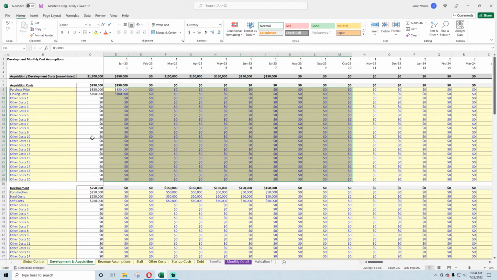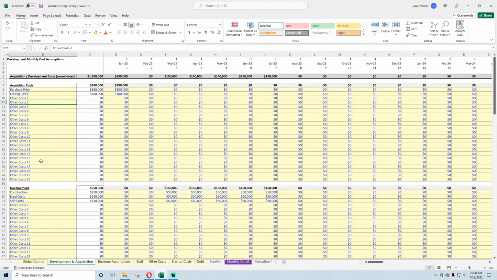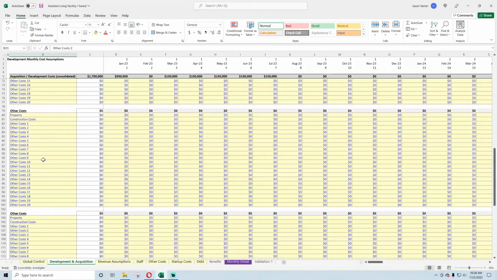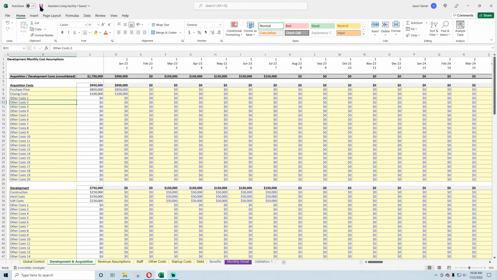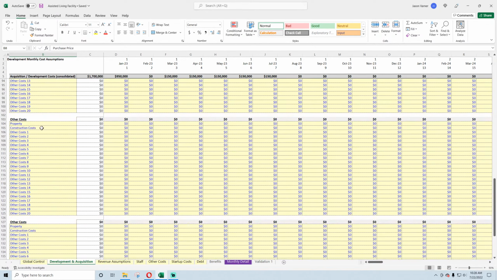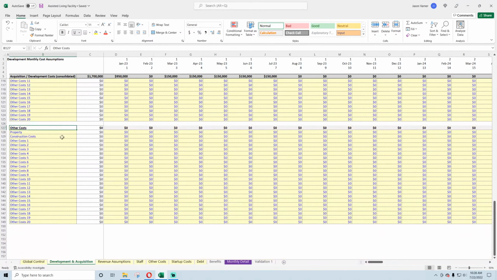Well, not land. So you will have to buy the land. That could be in the purchase price. You know what? We're going to have to separate that out because land is not depreciable. So I'm going to make this last section for land only. And note, anything here is not depreciable.